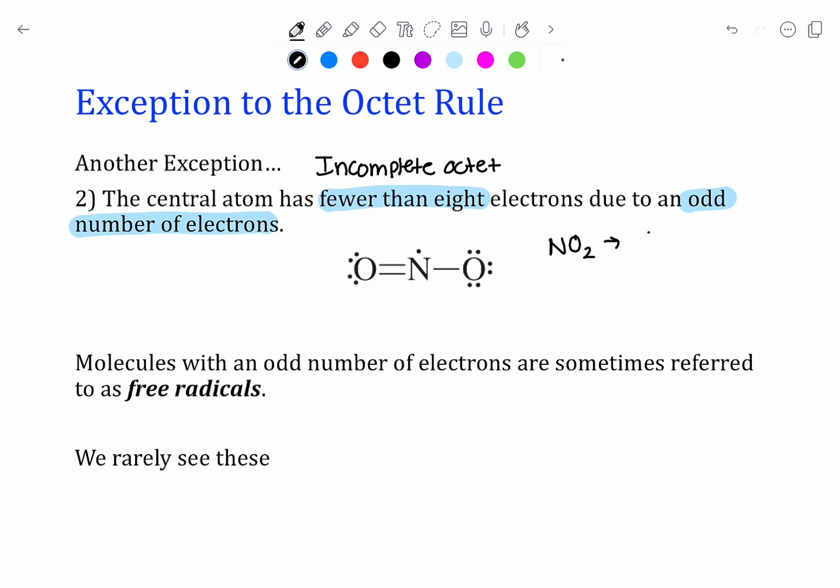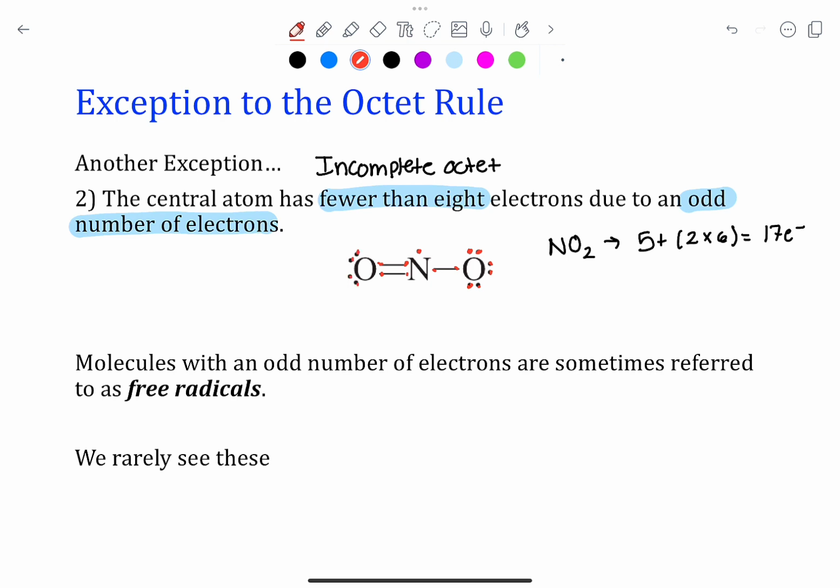we have for our valence electrons 5 from the nitrogen plus 2 times 6 from the oxygen. That's a total of, what's 12 plus 5? 17? 17 electrons total. So if we look at the electrons in this structure, we have 1, 2, 3, 4, 5, 6, 7, 8, 9, 10, 11, 12, 13, 14, 15, 16, 17.